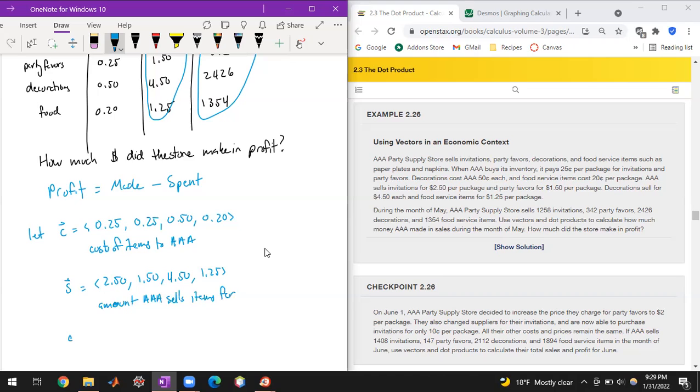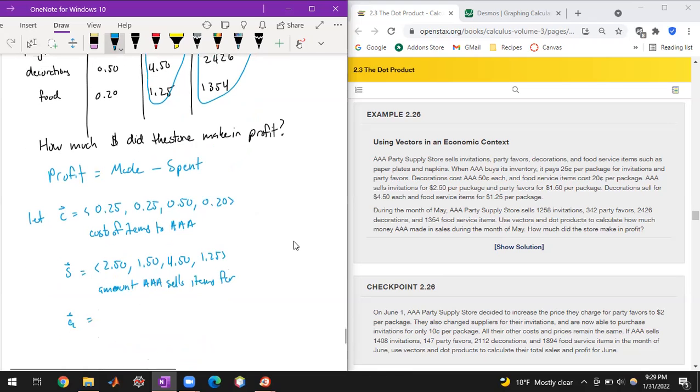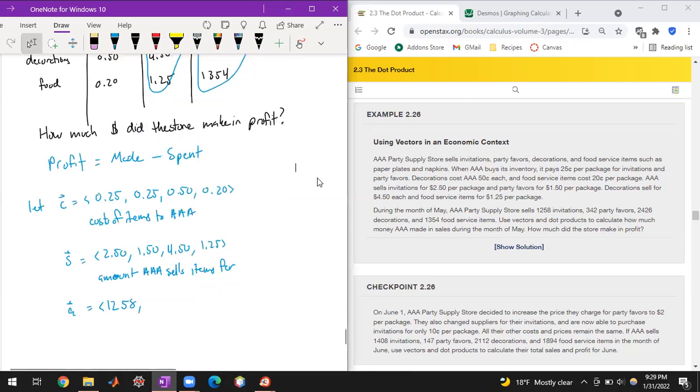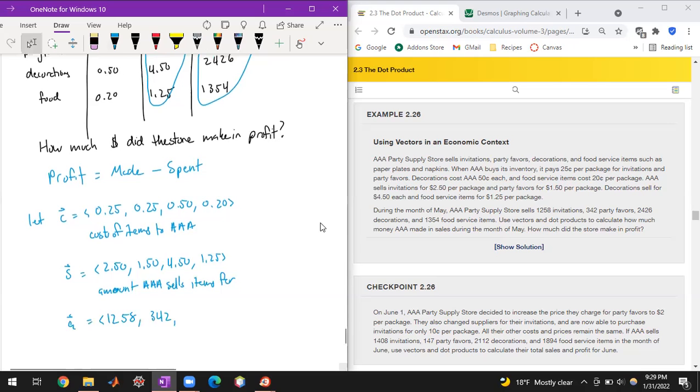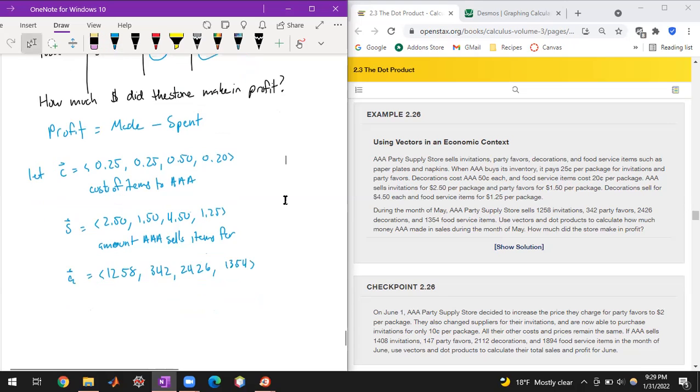Finally I'm going to create a quantity column, how much of each item we have sold. So 1258, 342, 2426, and 1354.